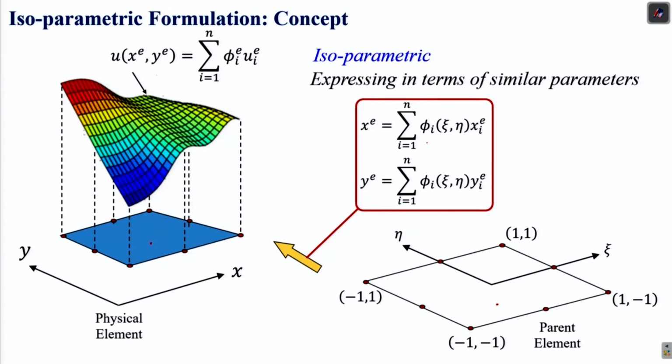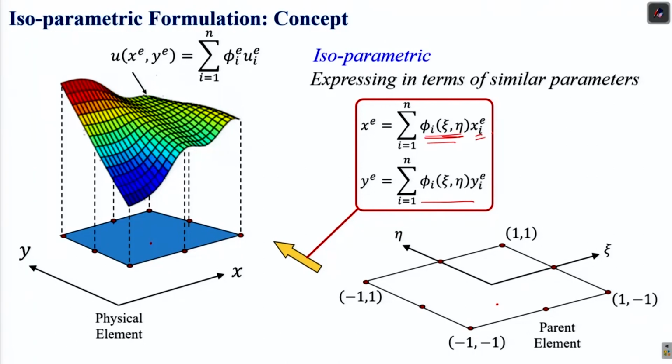So the coordinate is mapped like this. We know xi and eta, and phi_i(xi, eta) are the shape functions on the natural coordinates. We know how to do that.